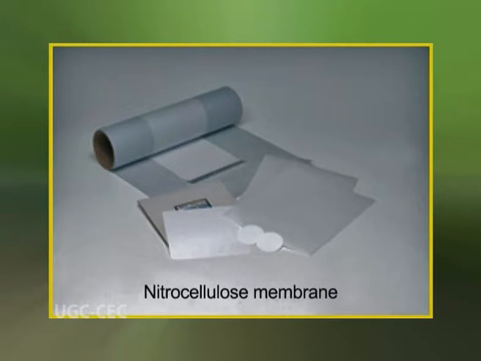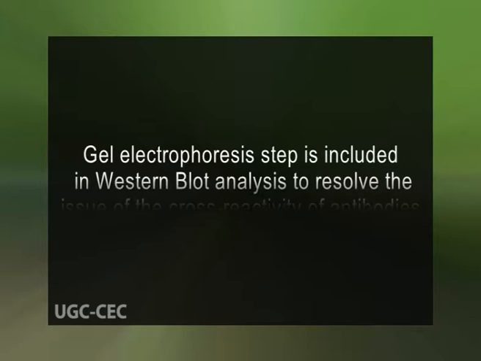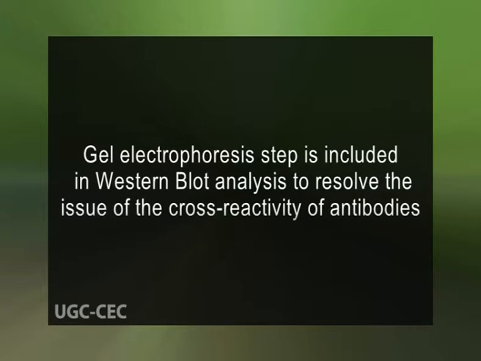The proteins are then transferred to a membrane, typically nitrocellulose or PVDF membrane, where they are stained with antibodies specific to the target protein. The gel electrophoresis step is included in Western blot analysis to resolve the issue of the cross-reactivity of antibodies. Many reagent companies specialize in providing antibodies against tens of thousands of different proteins.